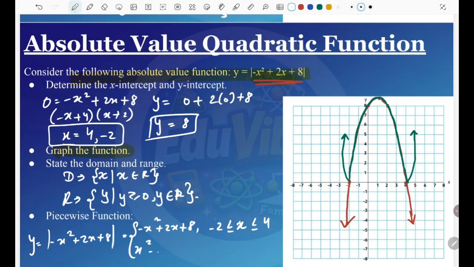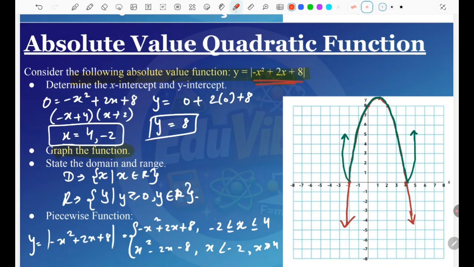And if you take the negative of that, then your graph applies when x is less than minus 2 or x is greater than 4. You can see over there x is greater than 4, and over there x is less than minus 2.